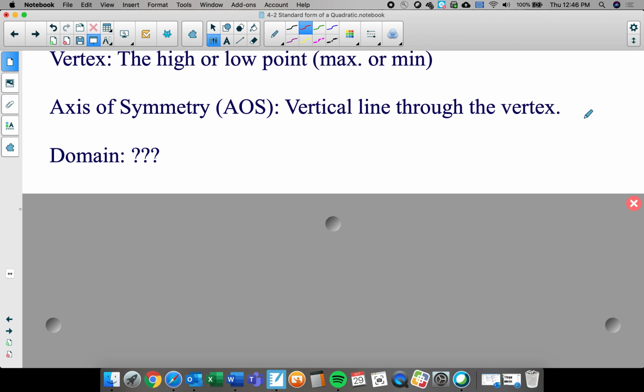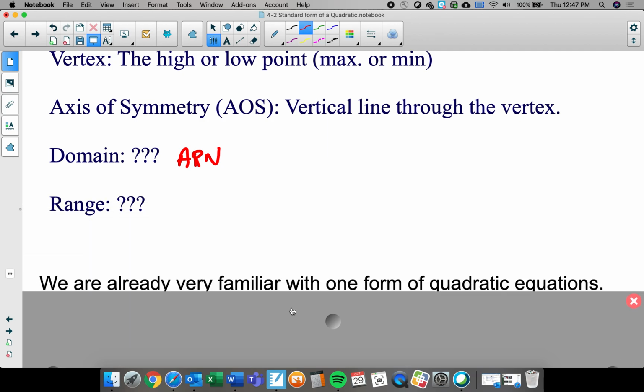We can square negatives, positive numbers, decimals, fractions, zero. So the domain is going to be very similar to what it was with the absolute value functions, where the domain is all real numbers, because we can square any number that there is.